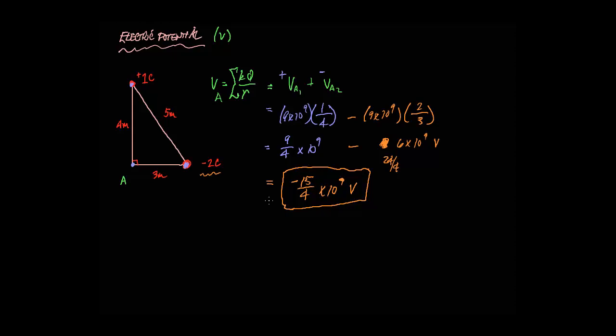Now, 15/4 is really 3.75, so we could write that as -3.75 times 10 to the 9th volts, and that would be our answer. Again, we don't have to worry about the sine and cosine, so this is actually pretty nice for this problem.